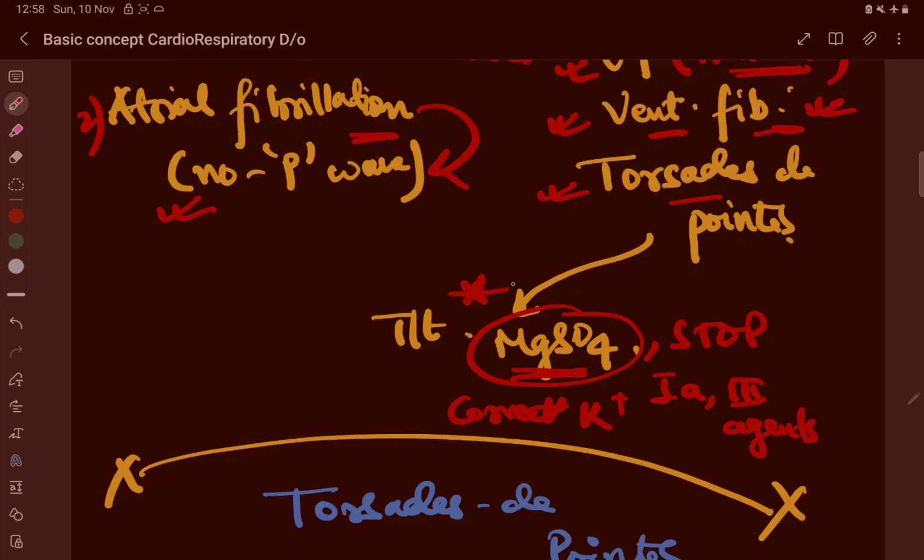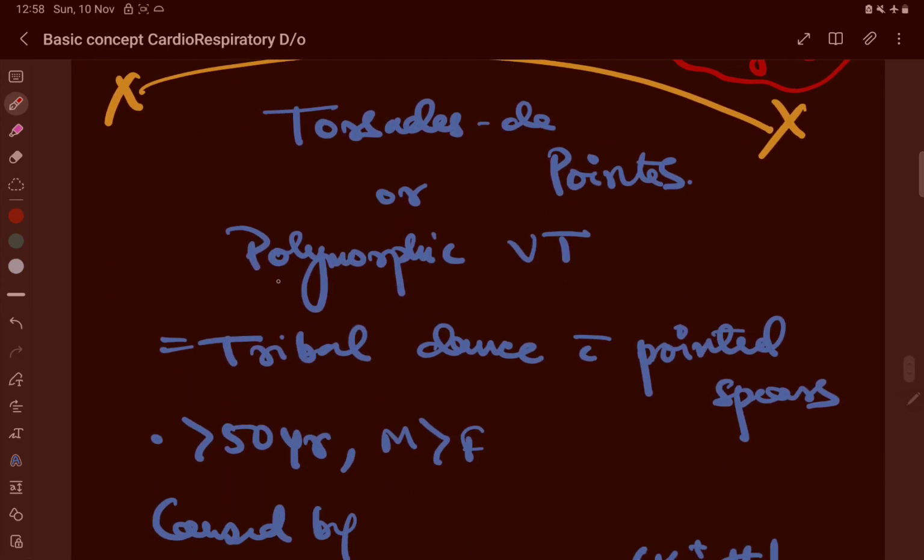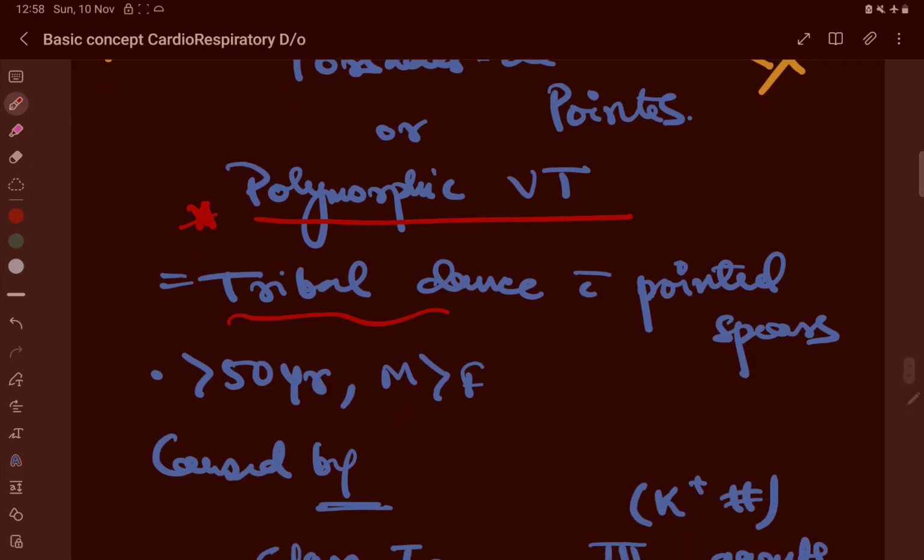It's a very, very important question. We stop the 1A and 3 agents of the antiarrhythmic drugs, we'll discuss later, and we correct the potassium. This is the treatment for torsade de pointes. It is an excellent viva and MCQ question. Okay, now torsade de pointes, or polymorphic ventricular tachycardia, is like a tribal dance with pointed spears.